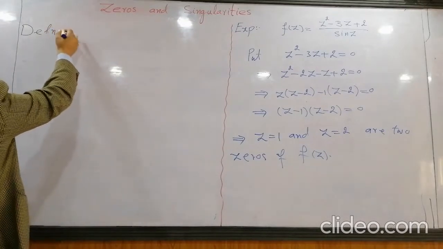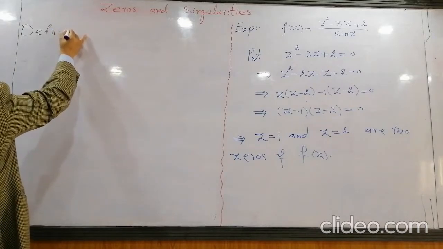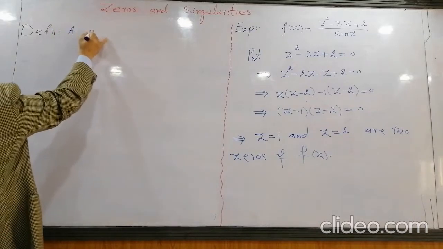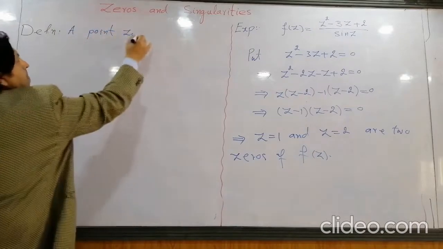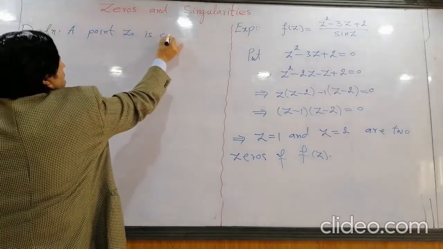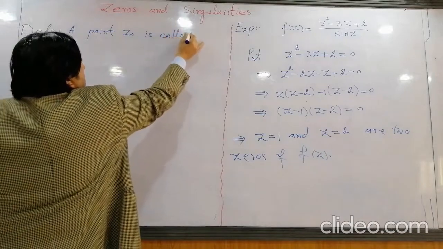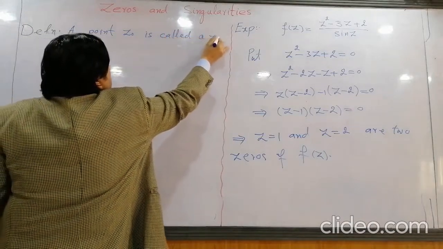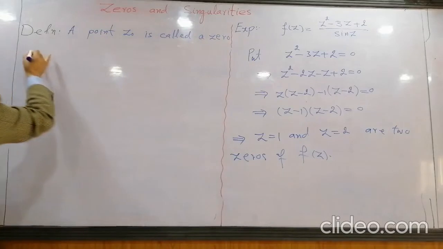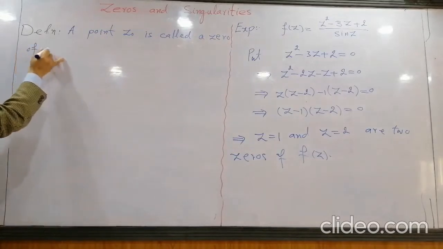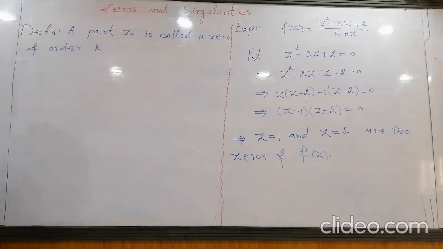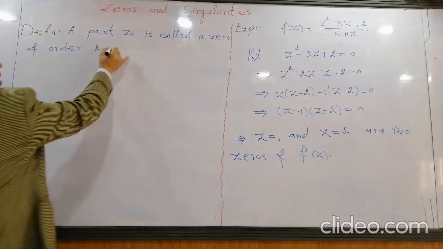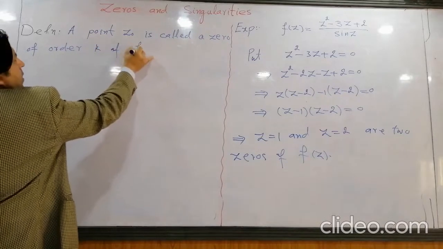So I have to define that a point z0 is called a zero of order k of the function f of z.